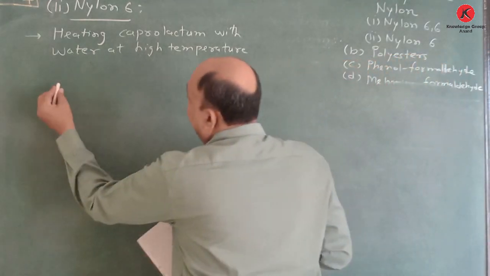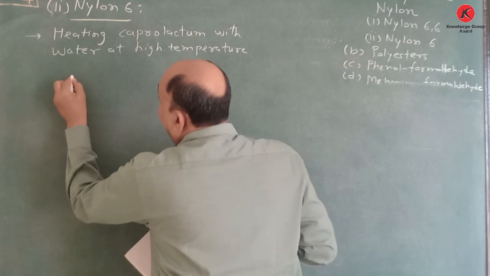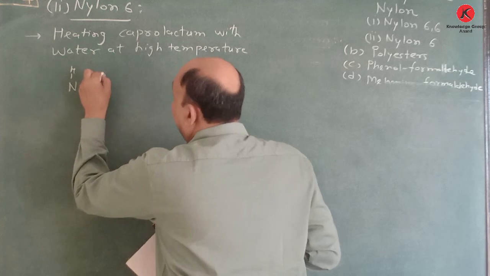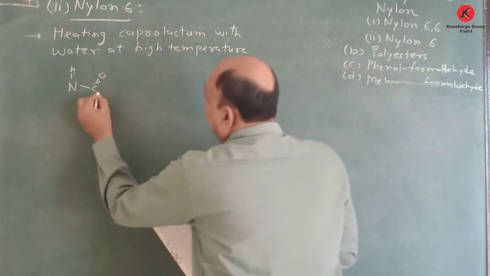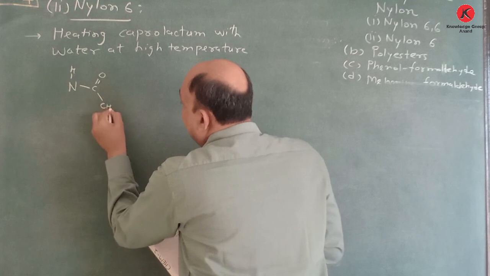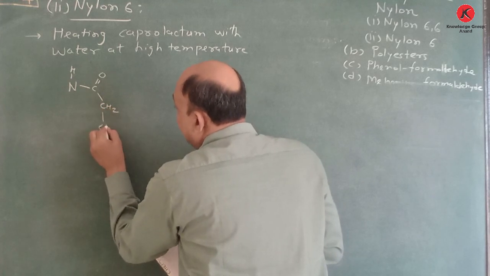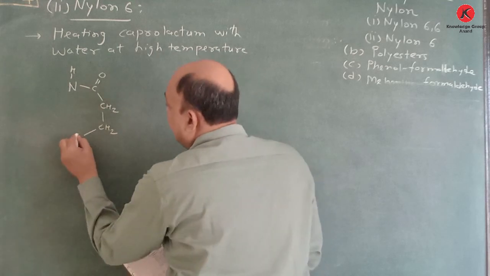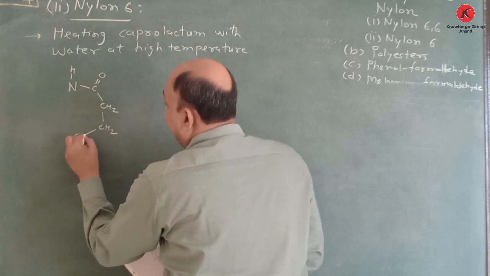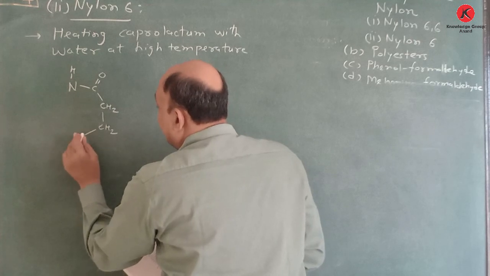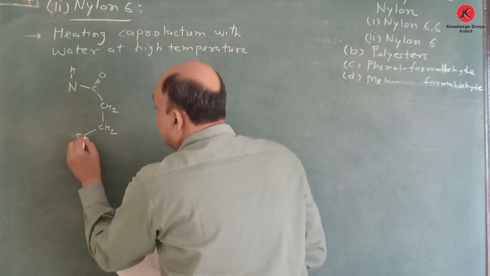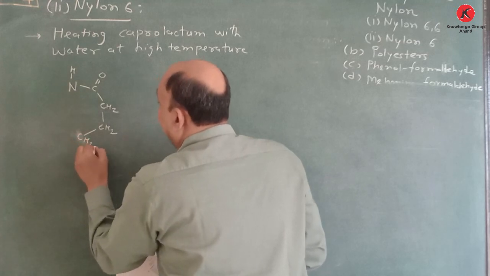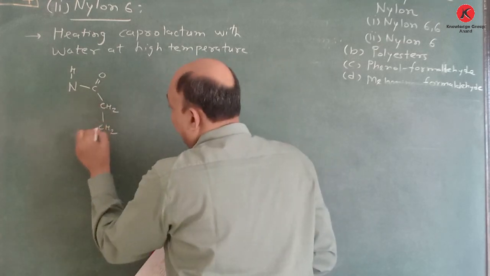Just see, the formula is this way: NH, C double bond O, then CH2, here write down CH2, CH2, 1, 2, 3.